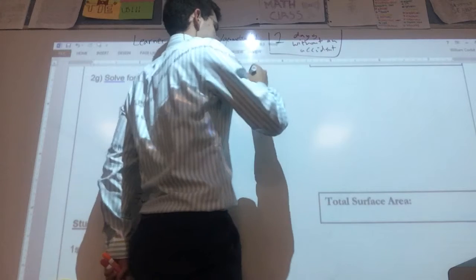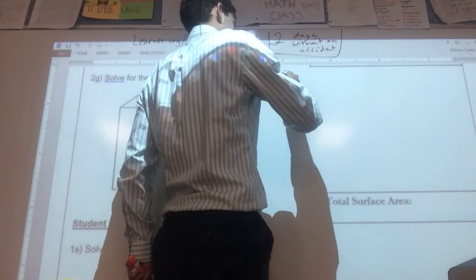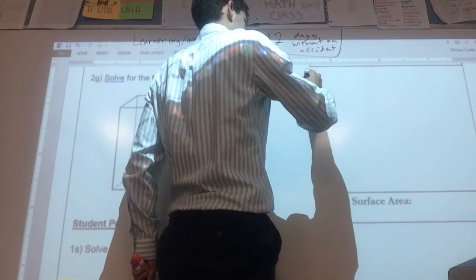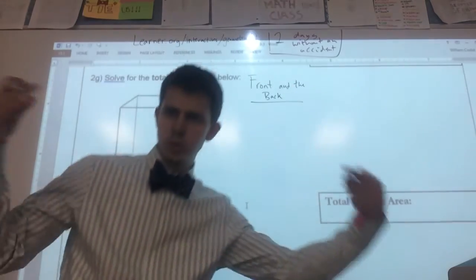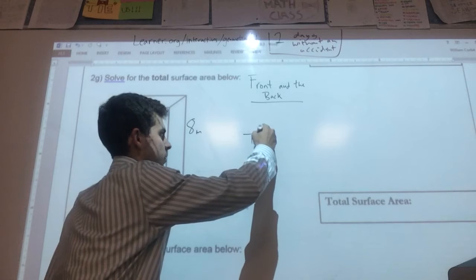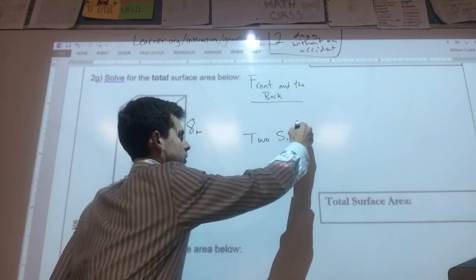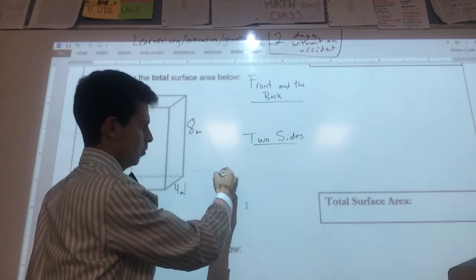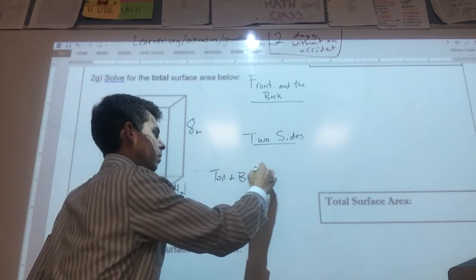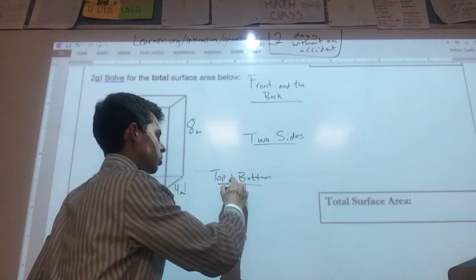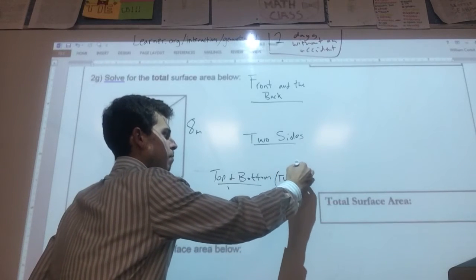I'll do the front and the back, then the two sides. And then finally, right here, I'll do the top and bottom, which is also known as the two bases.